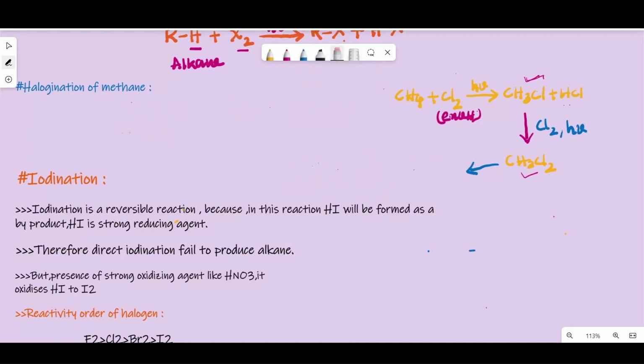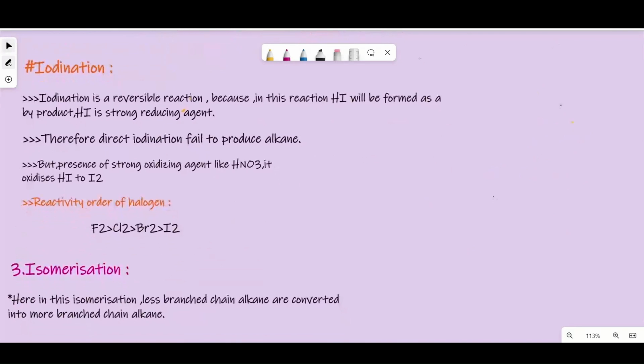Let's see one important thing in halogenation, that is iodination. Iodination is a reversible reaction because HI is formed as a byproduct. HI is a strong reducing agent. Let me explain in an easy way.